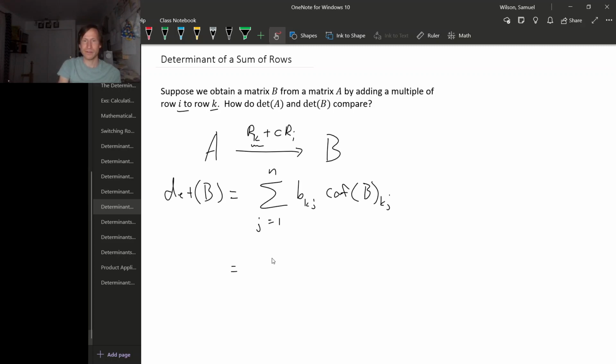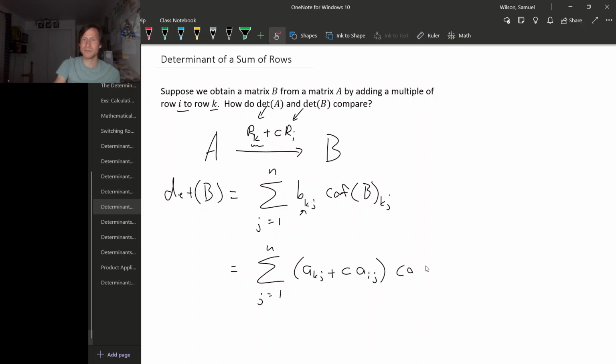Now b_kj is in the kth row. And what is the kth row of B? It's the kth row of A plus c times the ith row of A. So b_kj is actually a_kj plus c times a_ij.